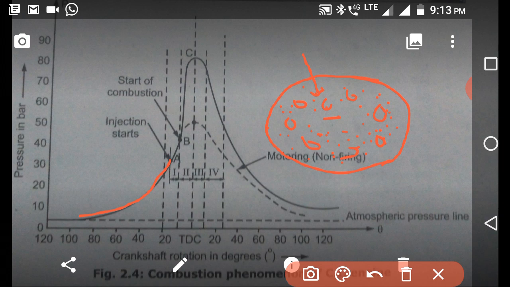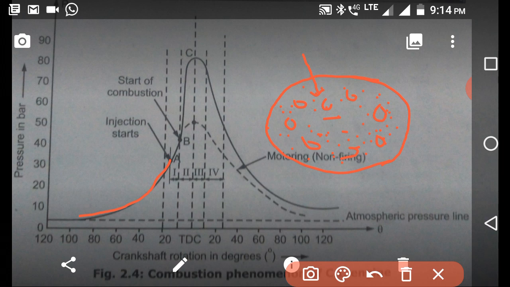This phenomenon will occur for every molecule we have spread inside the combustion chamber. Every molecule will come in contact with the compressed air, and heat transfer will occur between the fuel molecule and the compressed air. The compressed air is already at high temperature, so it will heat the fuel molecule, and due to the heating there will be evaporation of the fuel molecule.